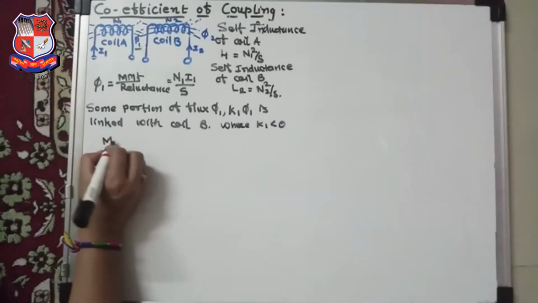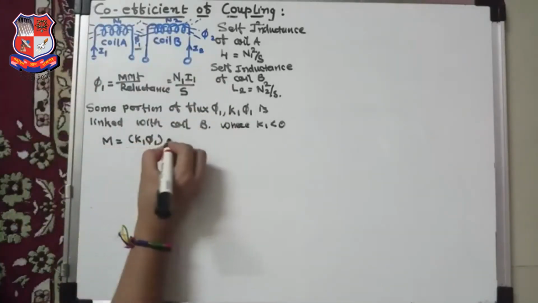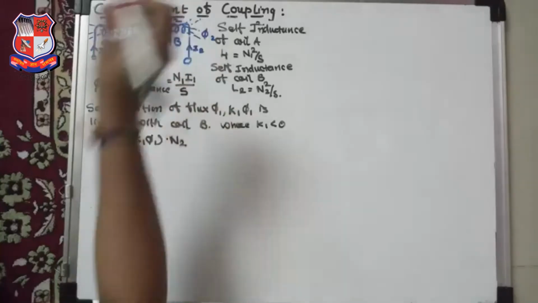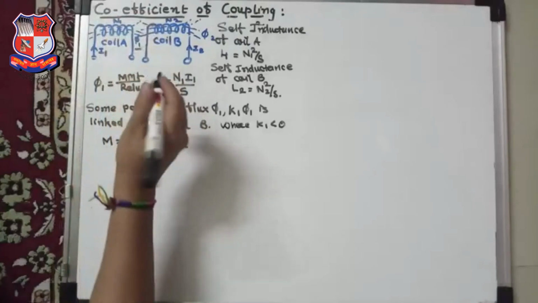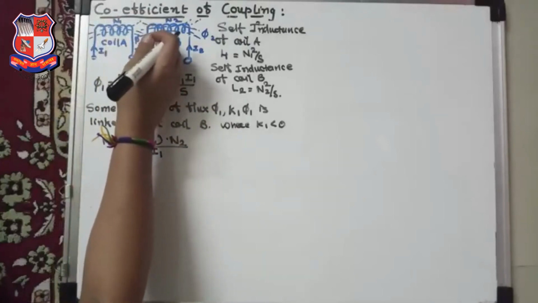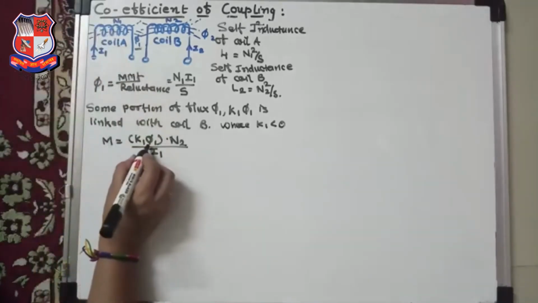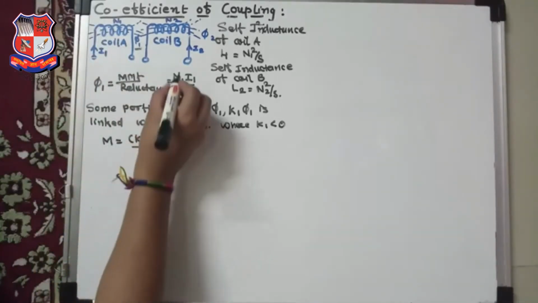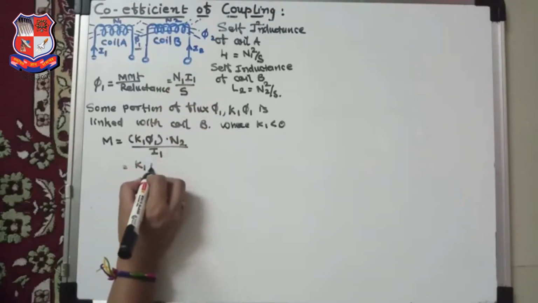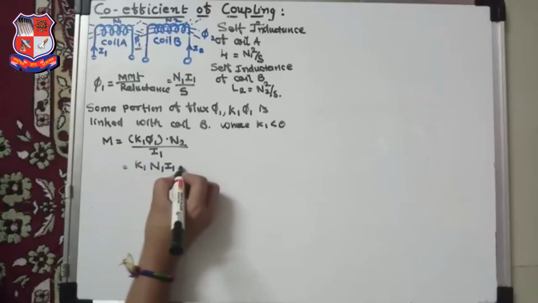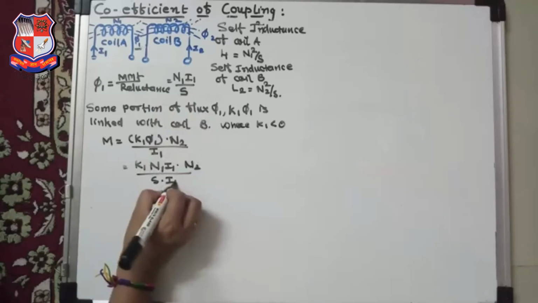So the mutual inductance is given by K1 phi1 into the number of turns of coil B, that is N2, divided by the current flowing through coil A, because the mutual inductance is due to the current flowing in coil A. Now substitute the value of flux phi1, that is N1 I1 by S. So M is equal to K1 N1 I1 N2 divided by S into I1.